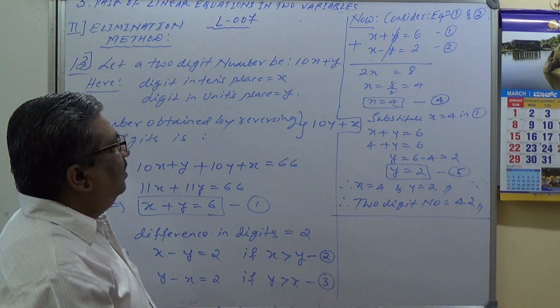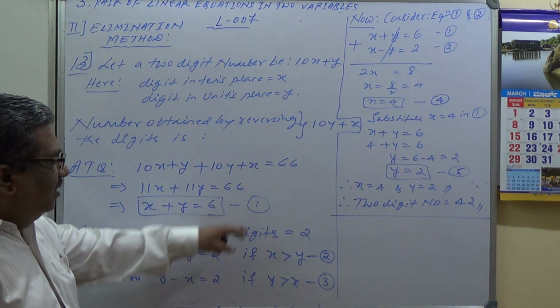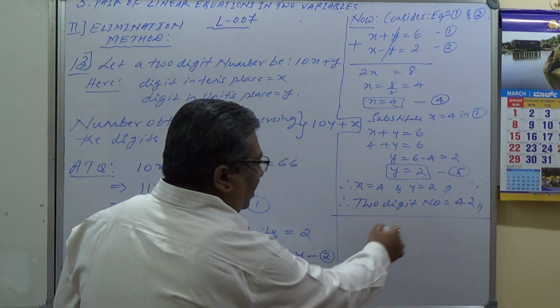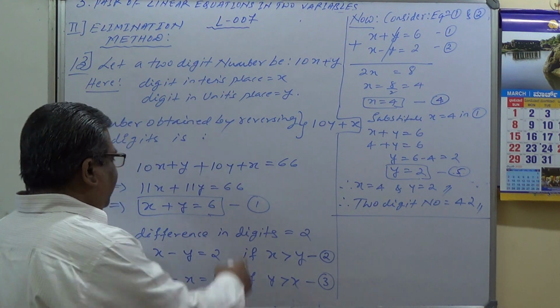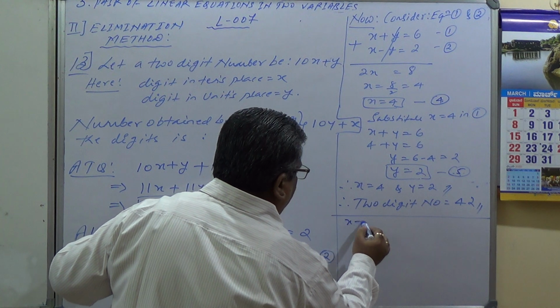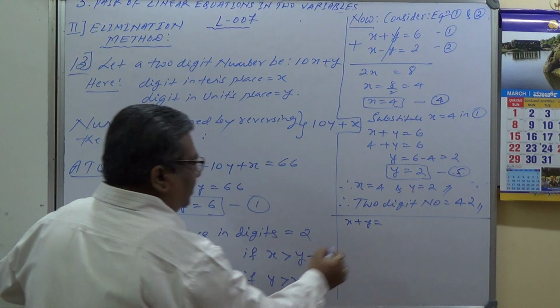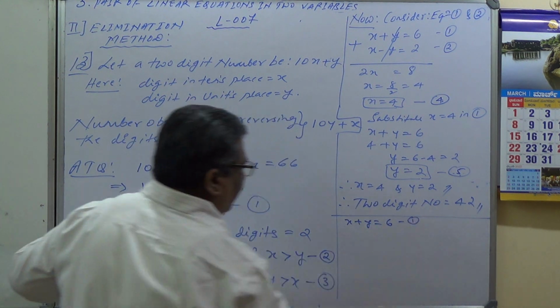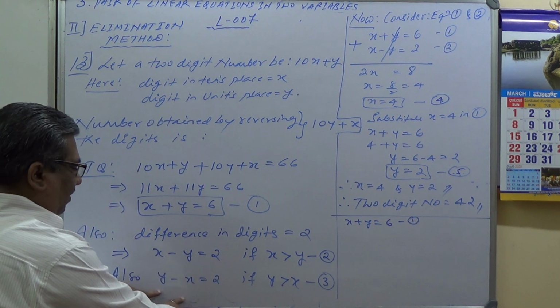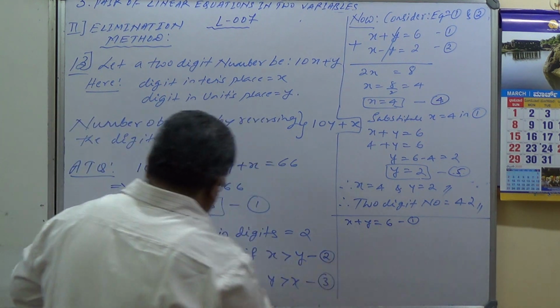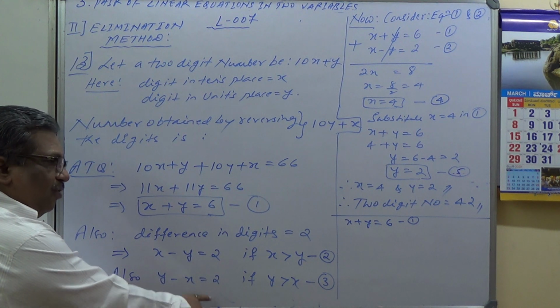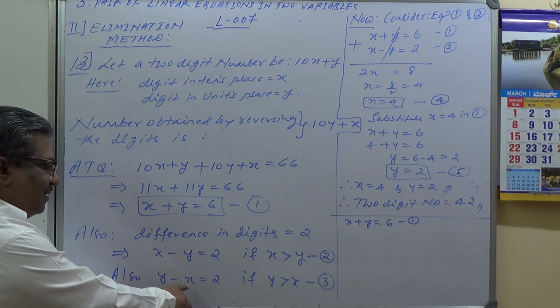Now let me take equation number 1 and equation number 3. Very briefly I am going to write here. Equation 1 is x plus y equals 6. And equation number 3 I am taking now. It is y minus x is equal to 2. So I can write it as minus x plus y.